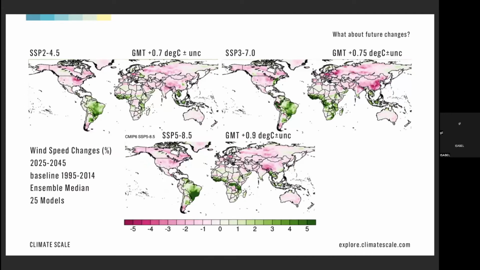So how do we then look at the projections? These are 3 maps of the climate model projections for CMIP6 for the planet. Each of these maps is for one of the emission scenarios. Remember what I told you before: SSP2, 3, and 5.